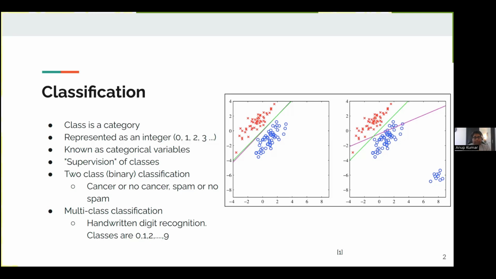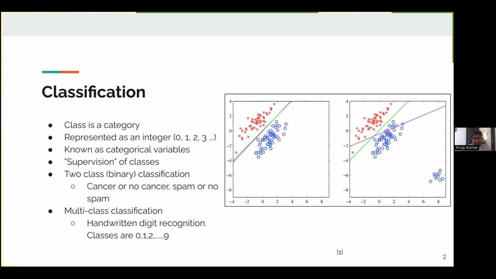In classification tasks, the machine learning models have the supervision of classes, and they learn a mapping of the features with the classes for training itself and try to minimize an error between the true classes and the predicted classes.